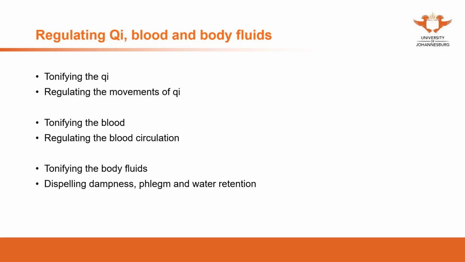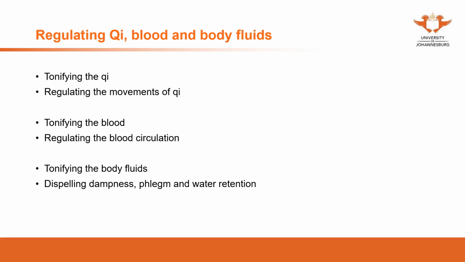Such as the qi counterflow, such as vomiting or nausea. The qi moves upwards, which is supposed to move downwards. So in this situation, we use some methods to regulate the movement of qi, to bring the qi downwards. That's how we treat nausea.